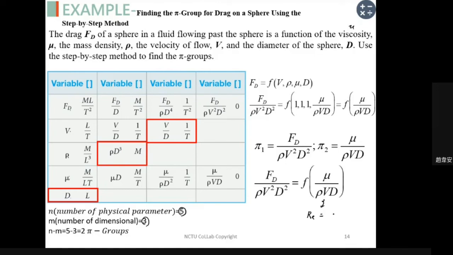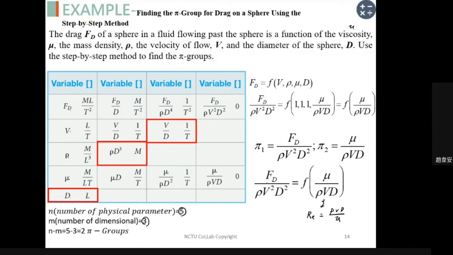As I mentioned, the Reynolds number is equal to rho v d divided by the viscosity, which can be used to describe whether the flow condition is laminar flow or turbulent flow. And the left hand side is a very famous coefficient.